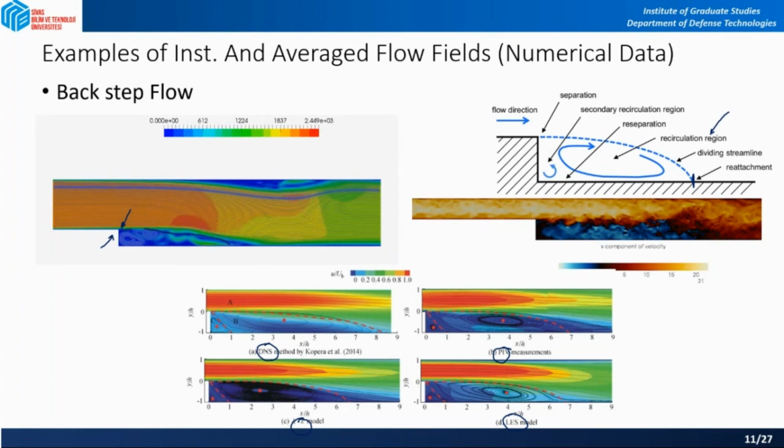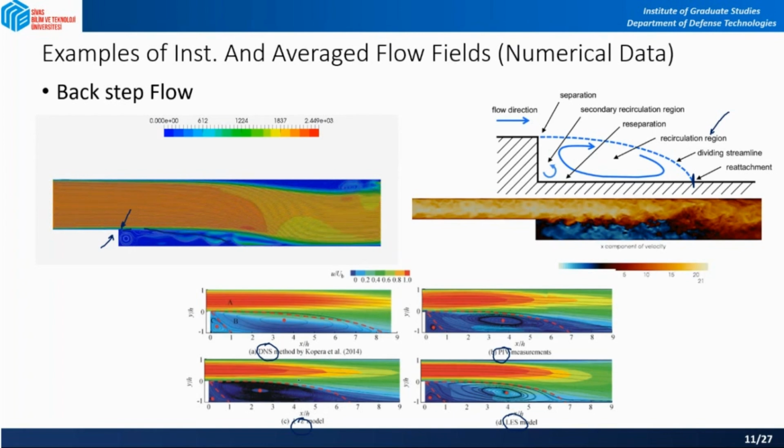So if you solve the steady state solution, what you will get is the recirculation region. As you can see, for the K epsilon, you see this, and the streamlines will go like this. In all of these, you will see these streamlines.